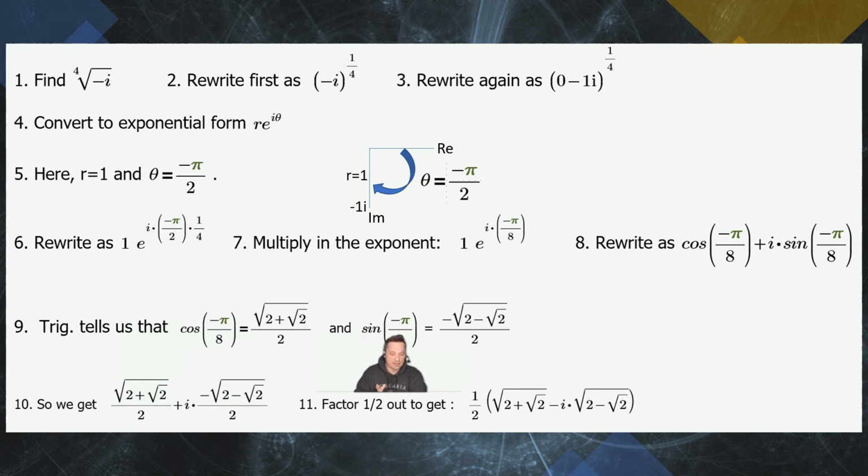At step 10, take that 1/2 and place it outside at step 11, so it looks like 1/2 multiplying the rest of it, which is the square root of 2 plus the square root of 2, minus, be careful, minus i times the square root of 2 minus the square root of 2. There are a couple different minuses here for different reasons, keep that in mind. That pretty much is the whole problem.